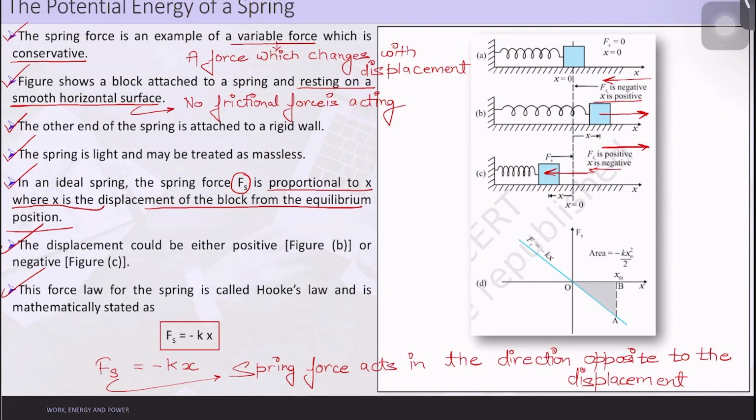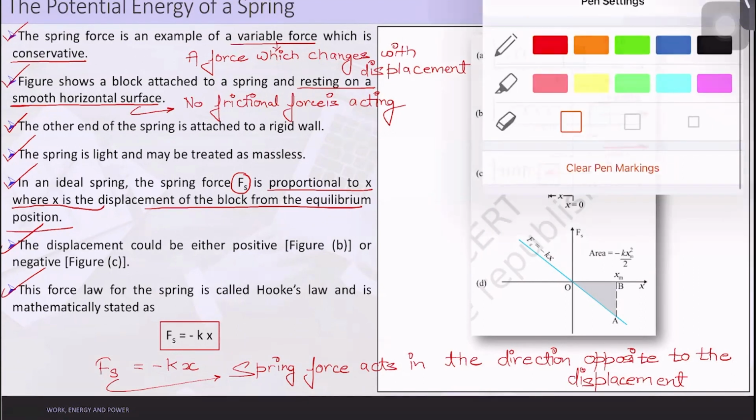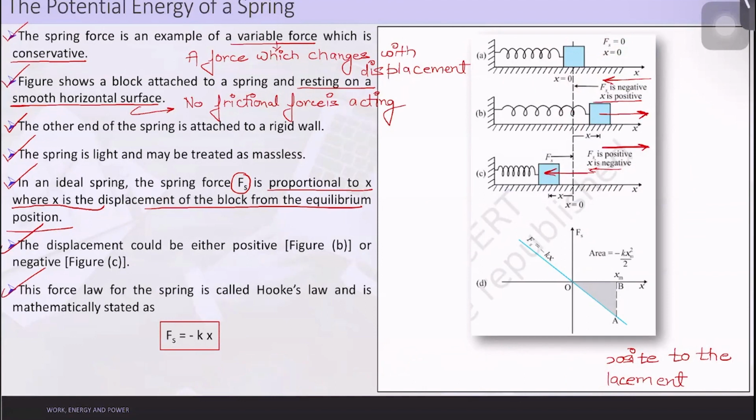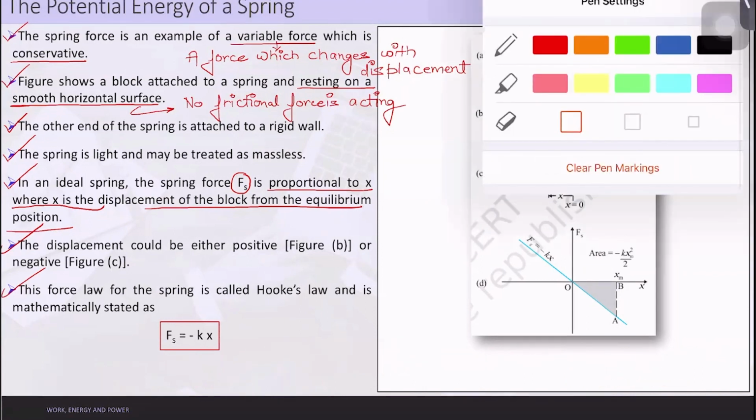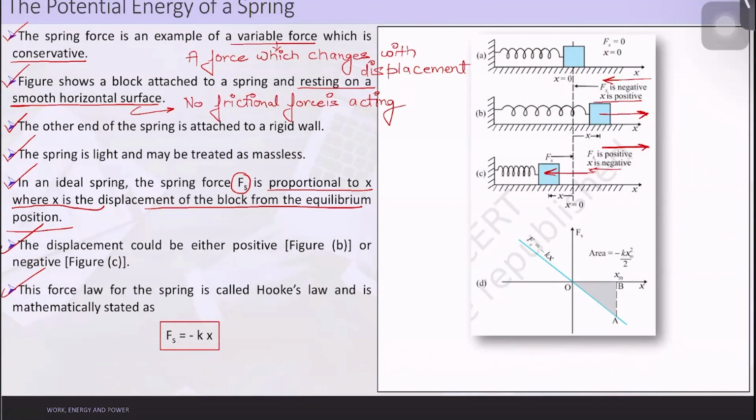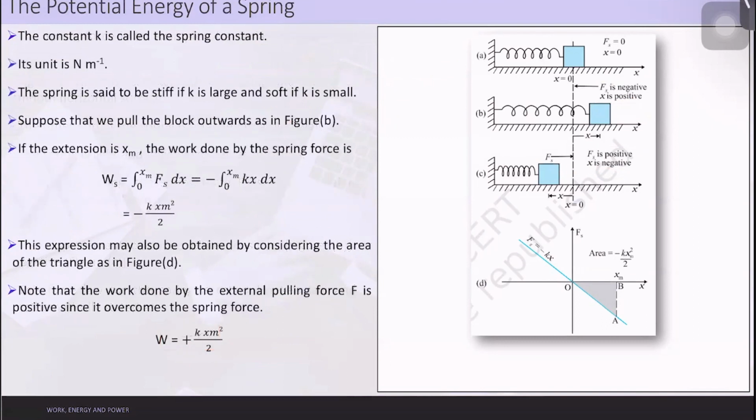So the first understanding is that the spring force is also called Hooke's law. And the second thing which you need to understand is that mathematically it can be written as Fs is equal to minus Kx. This K here is also called the spring constant. It is also written here.